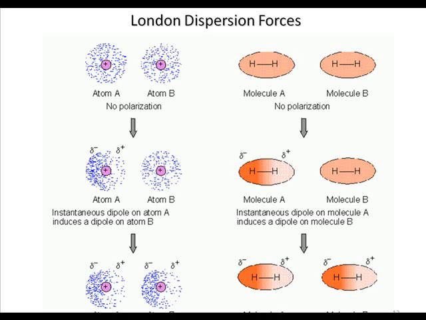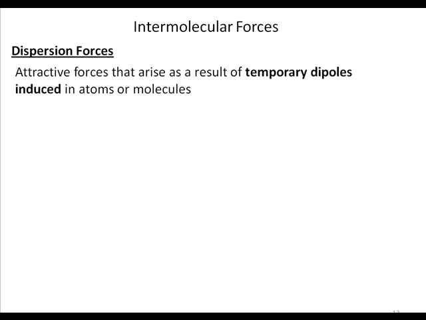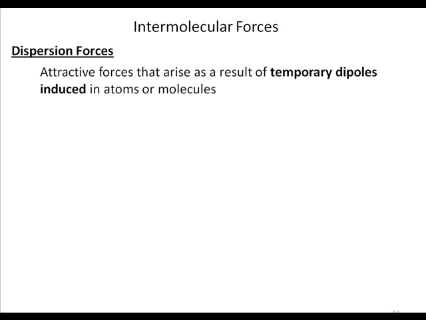And looking at it more as a cloud, that's the setup on the left with the blue or purple. You can see again the instantaneous dipole creates another instantaneous dipole in atom B. So, intermolecular force is caused by the attractive forces because of the temporary dipole.